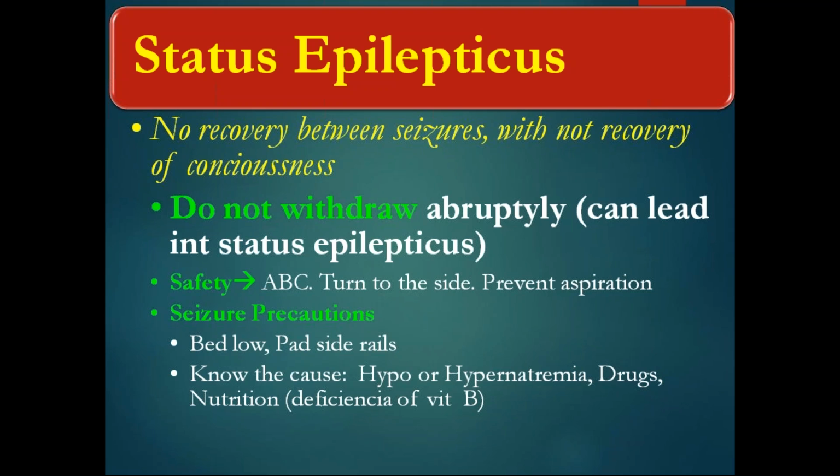So your precautions as a nurse, you need to do the ABC. Turn the patient to the side, right or left, depending on whether you are right or left-handed, whatever is easy, and if the patient is on a hard surface, for example a hard floor, put a pad under the neck, just to prevent him from hitting himself against the floor.